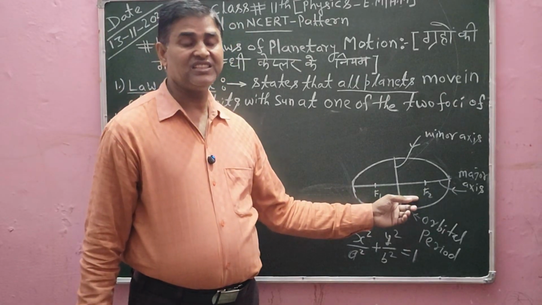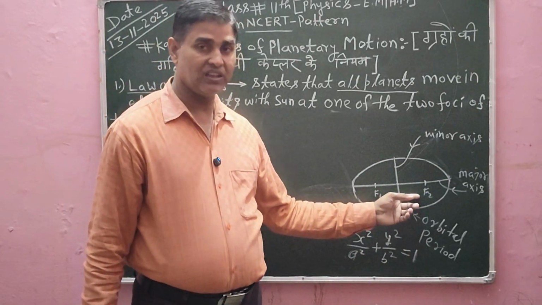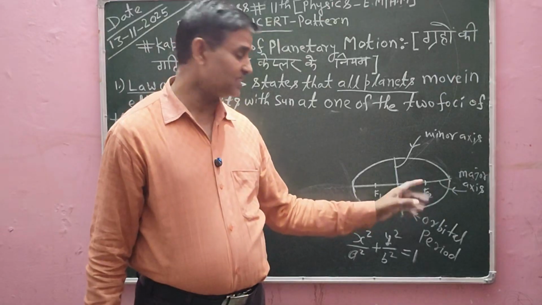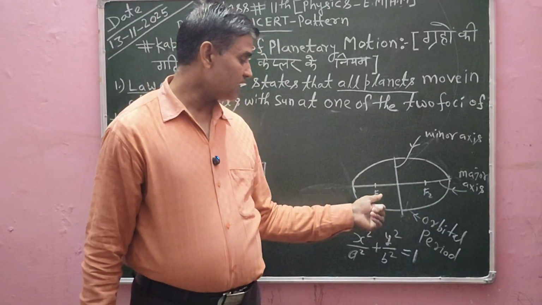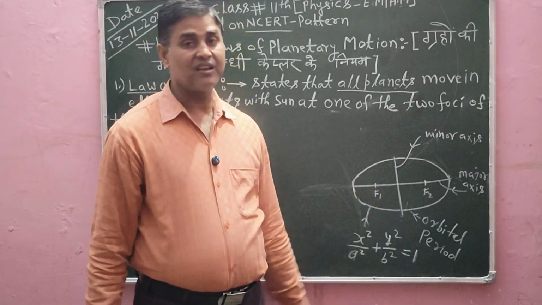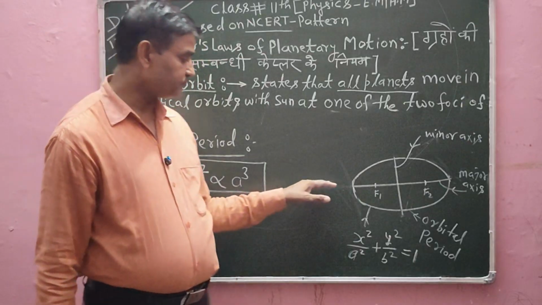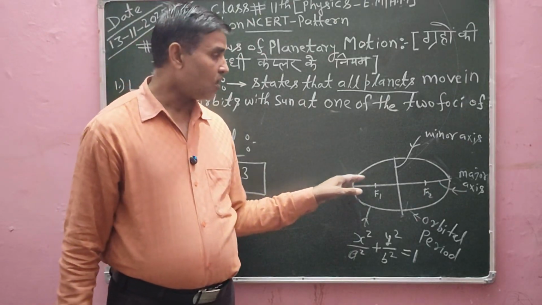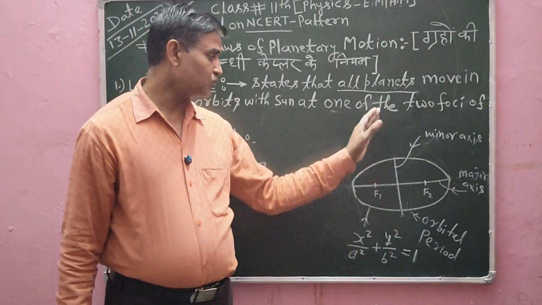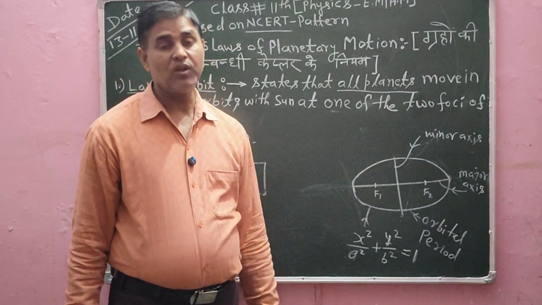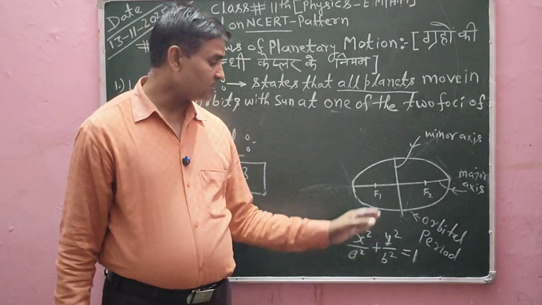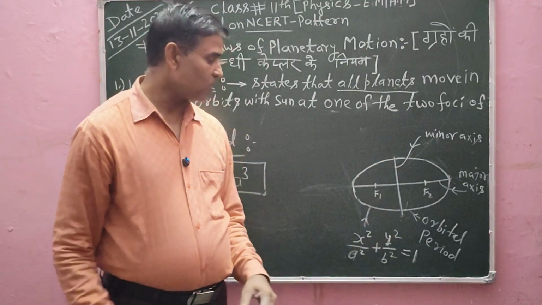e is the eccentricity of the ellipse, and here I will also write minus a comma 0, because the y coordinate on the x-axis will be 0 and the x coordinate on the y-axis will be 0. According to this information I have to write all the coordinate points.